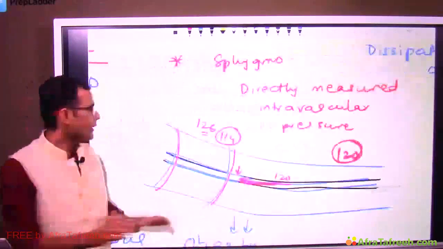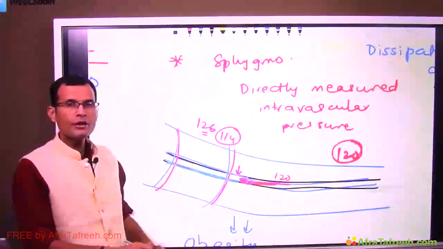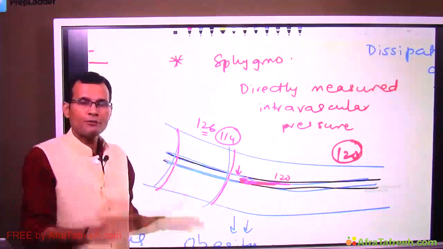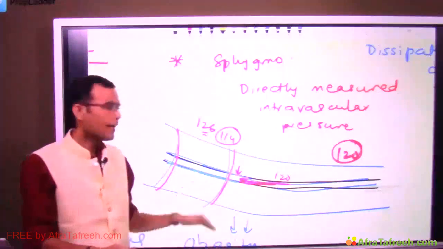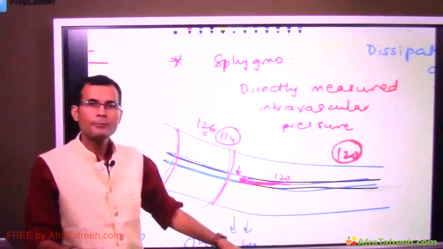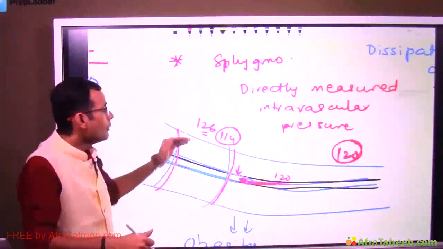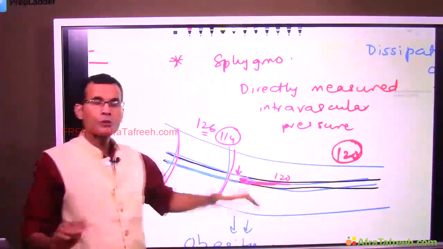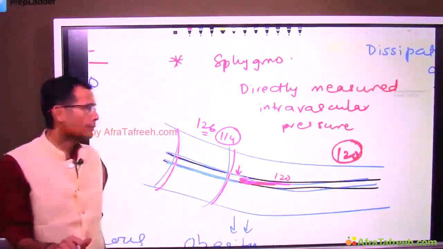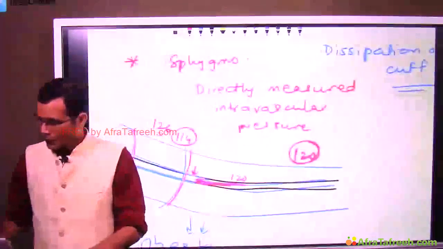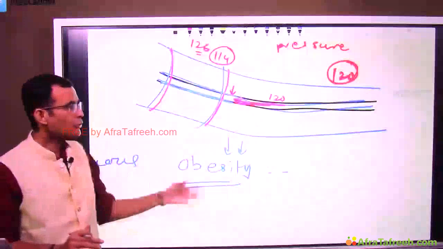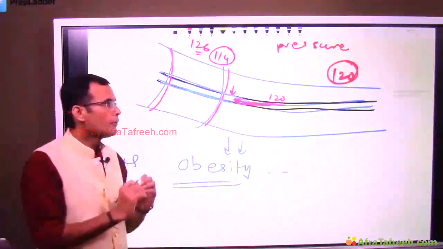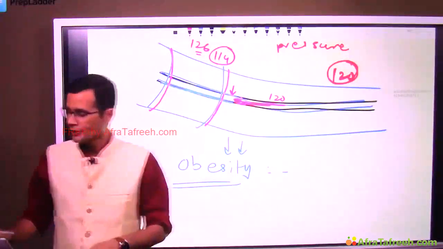There is tissue in between the cuff and the brachial artery, and some amount of cuff pressure gets dissipated as it reaches the brachial artery, and therefore we have got to apply more pressure in the cuff in order to just occlude the artery. So in obesity, more tissue mass means greater dissipation of cuff pressure.